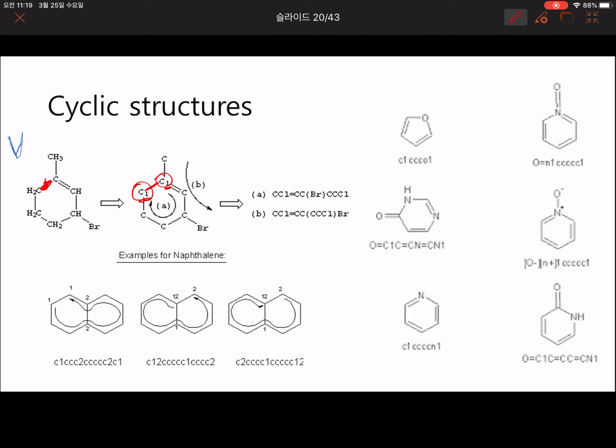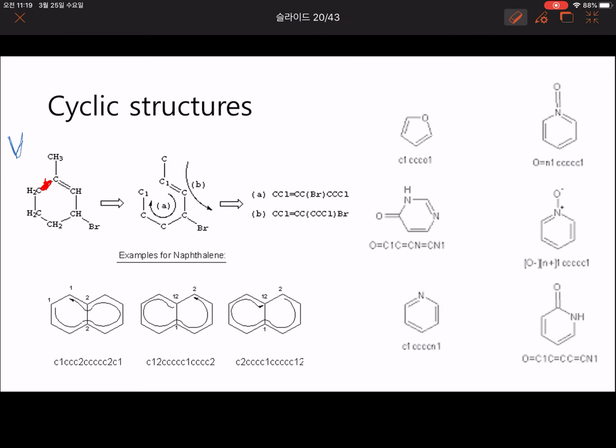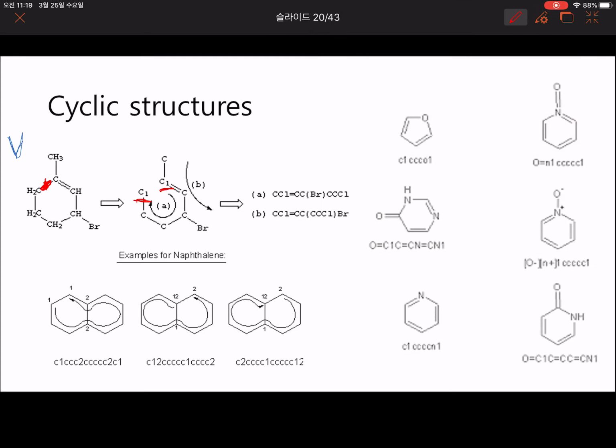So these atoms are represented as C1 and C1, right? As I told you, this number 1 and number 1 are used to close the ring. Then it becomes a chain molecule, right? So it goes like this.